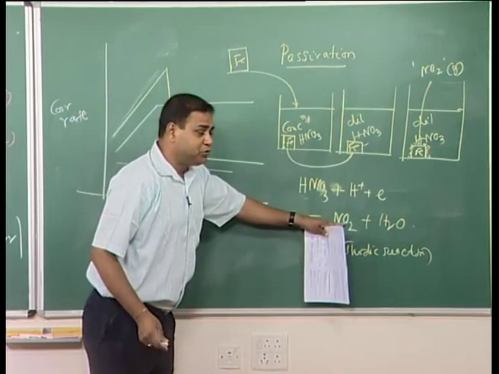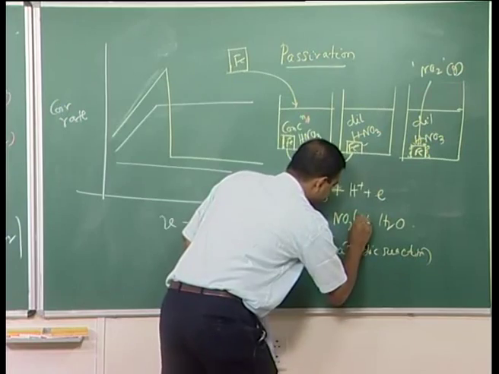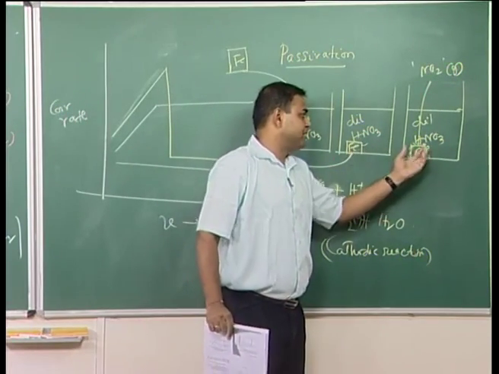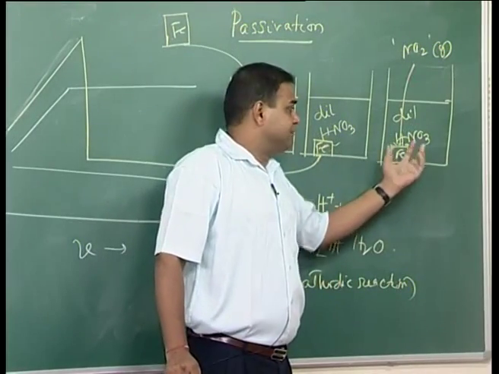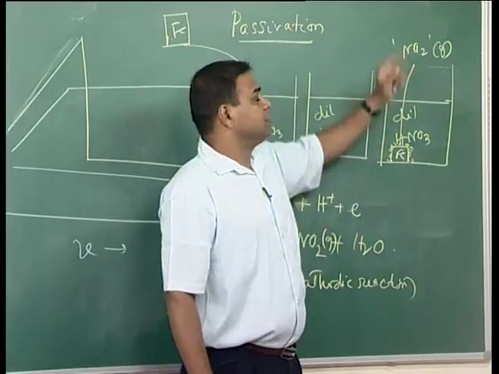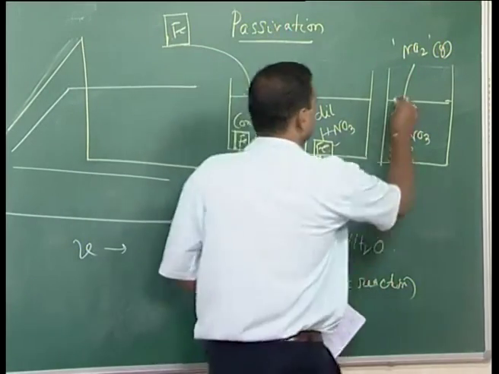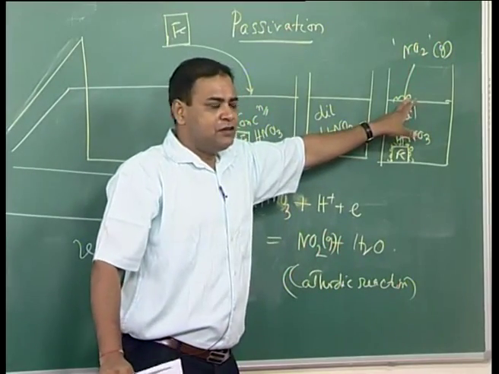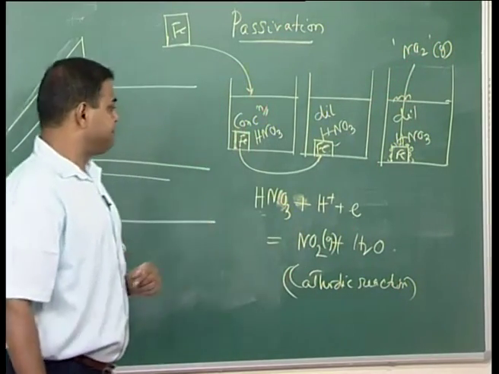Due to this cathodic reaction, this gas is forming and coming out. Initially it forms in the form of bubbles, and then the bubbles collapse together and form a big one, and then it comes up. So there would be a little bit of boiling on this surface, and NO2 gas is coming up.